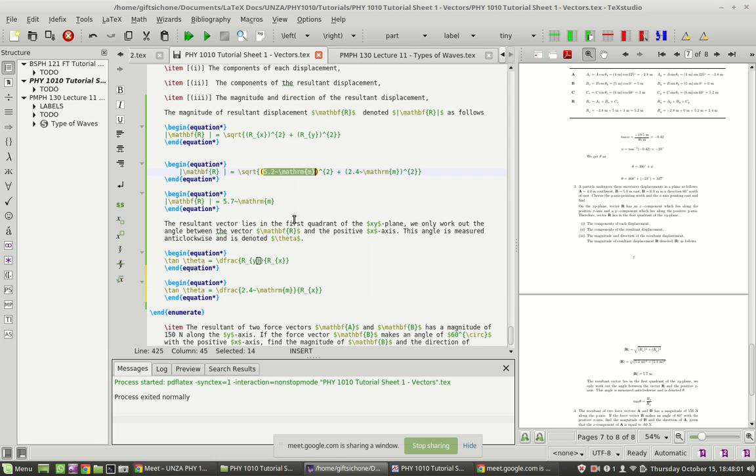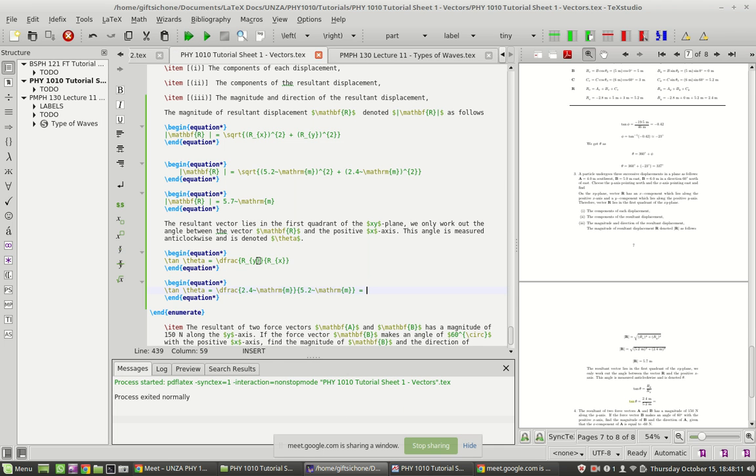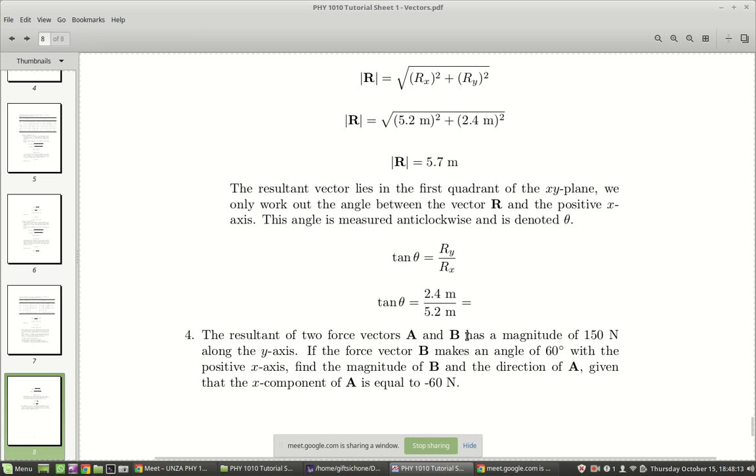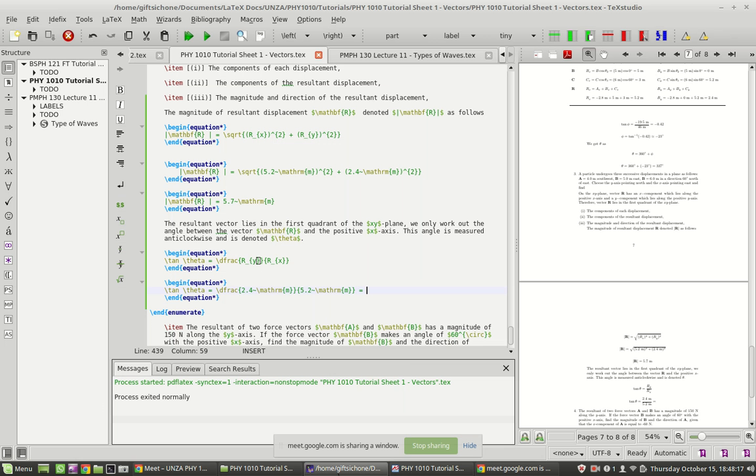So 2.4 meters divided by 5.2 meters. How much is that going to be?